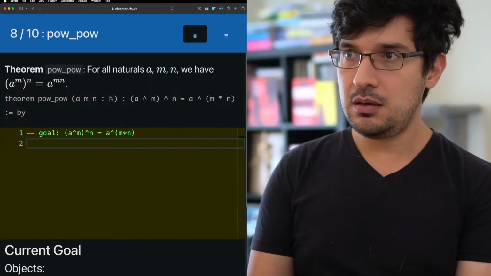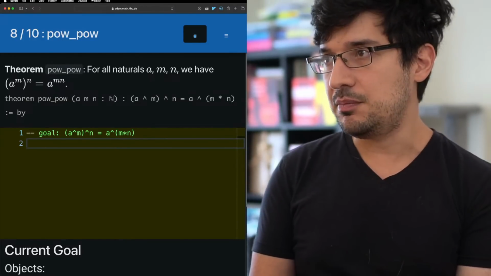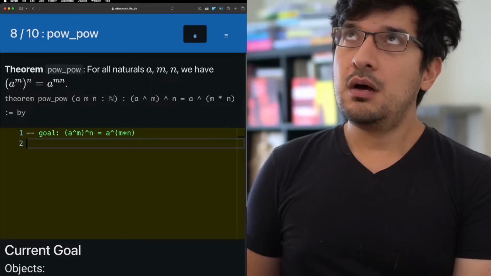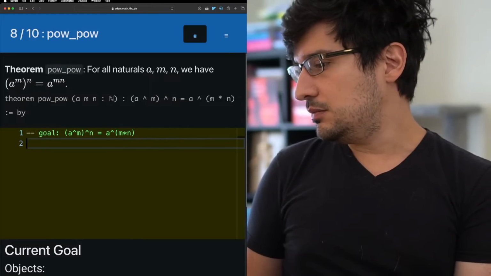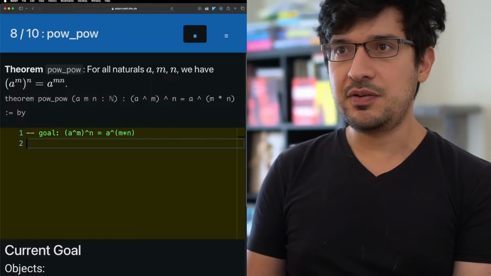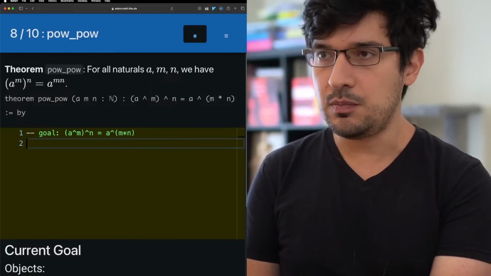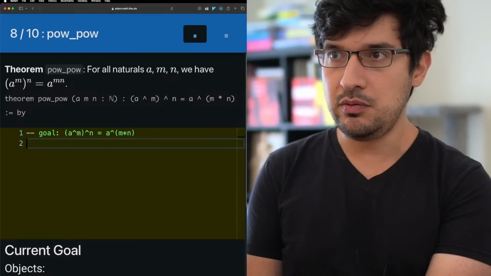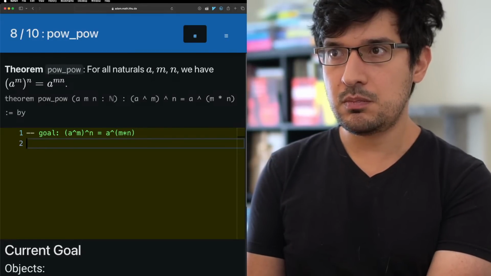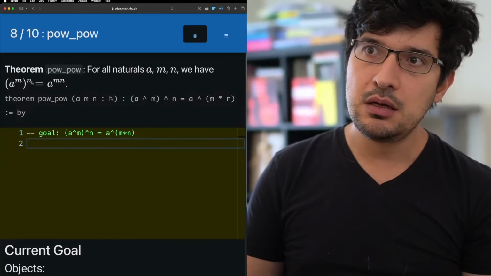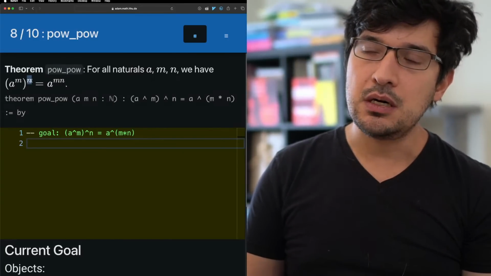We're going to prove this power rule. How does this stuff work? I'm still new to this. Let's see if I can remember. What do we do here? All right, so we're going to do some rewriting rules. What I think we're going to do is an induction on the second power.